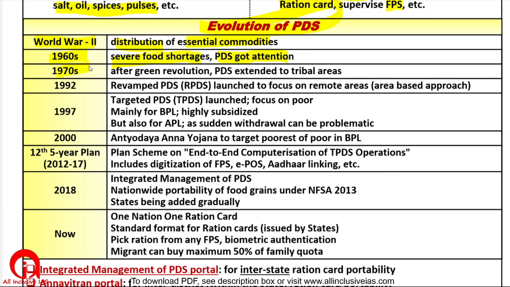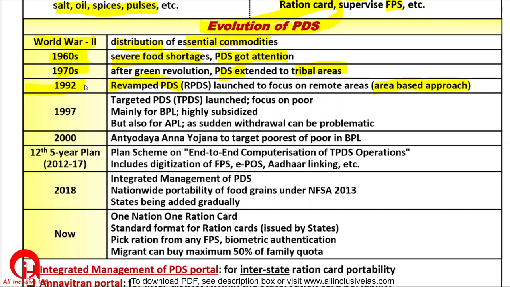After Green Revolution, government said that we should extend this system to tribal areas. Major shift came in 1992 when revamped PDS was launched. Government said, where do most poor people live in India? Most poor people live in remote areas, right? So it was an area based approach.